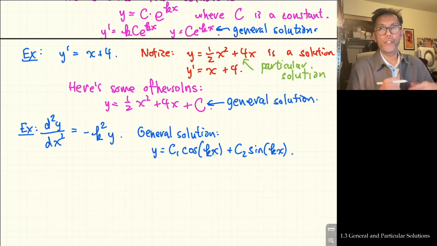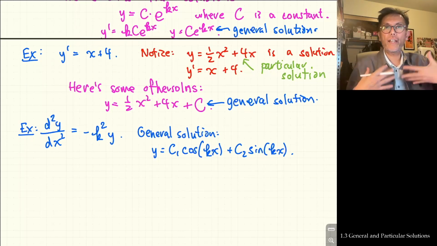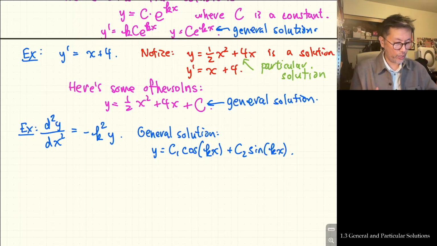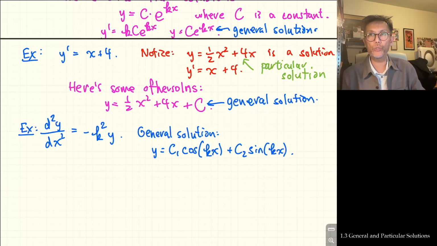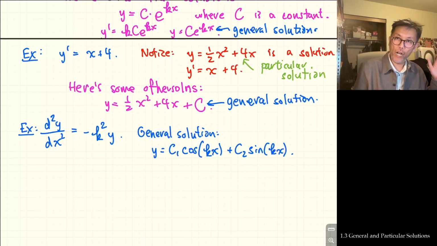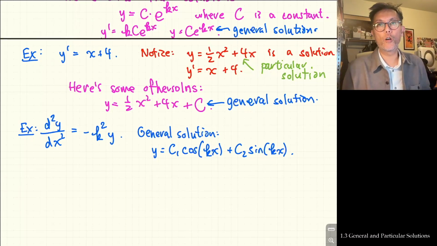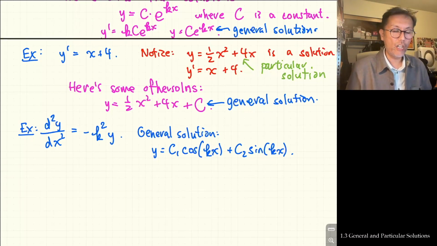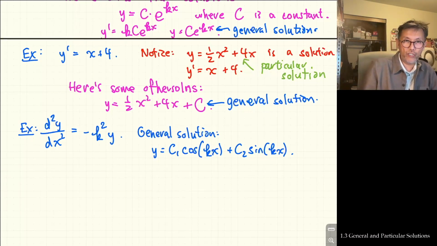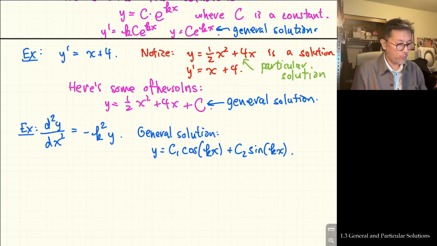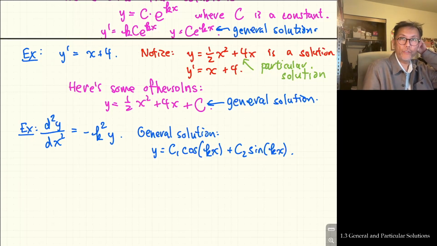Okay? Now, a good question is, what data do you typically need in order to pass from a general solution to a particular solution? That's going to come typically in the form of what are called initial conditions. So let's say that we have this differential equation, which is saying that the second derivative of y should be equal to negative k squared times y.